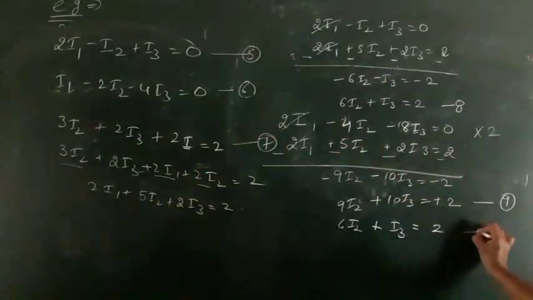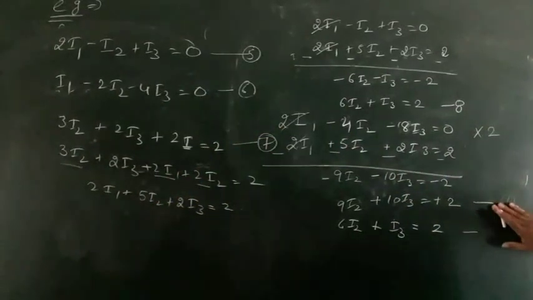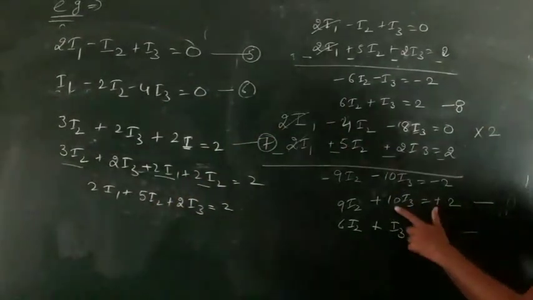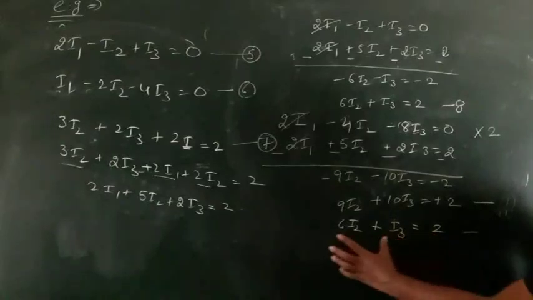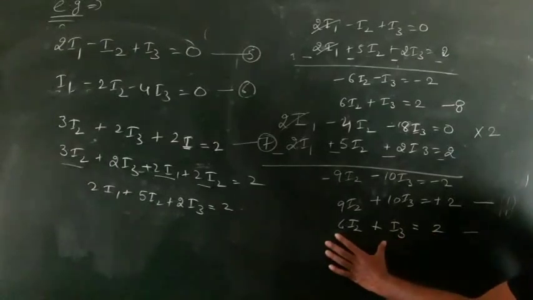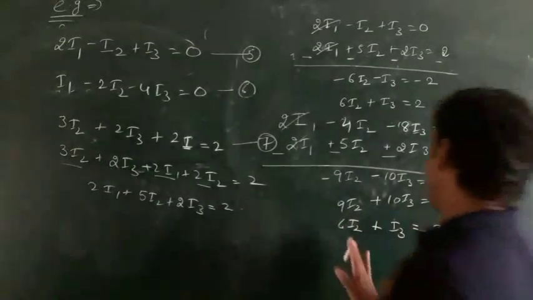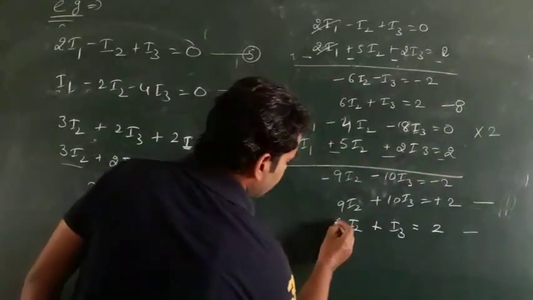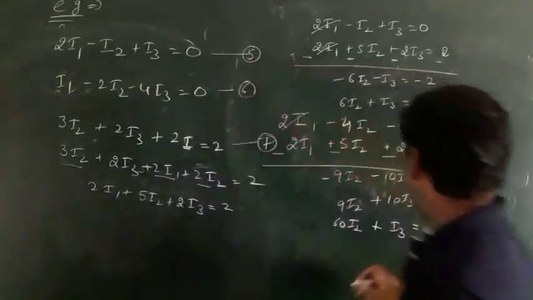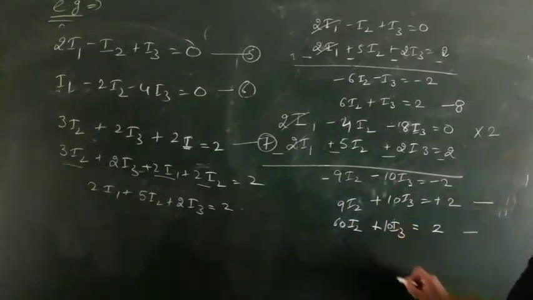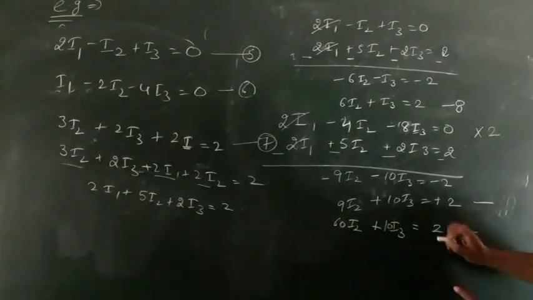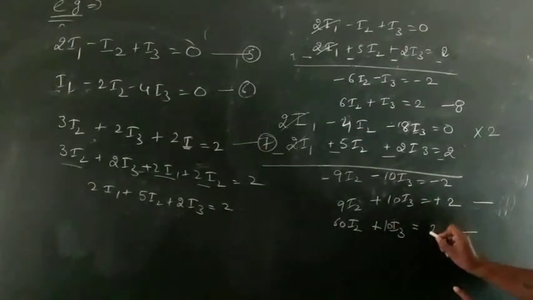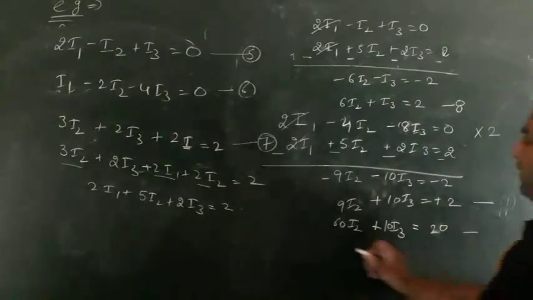Now we have to solve these two equations. How do we solve them? Here is 10I3, here is I3. So now multiply the downside equation with 10. So it will become 60, and that is 10, and that became 20. Now subtract it.